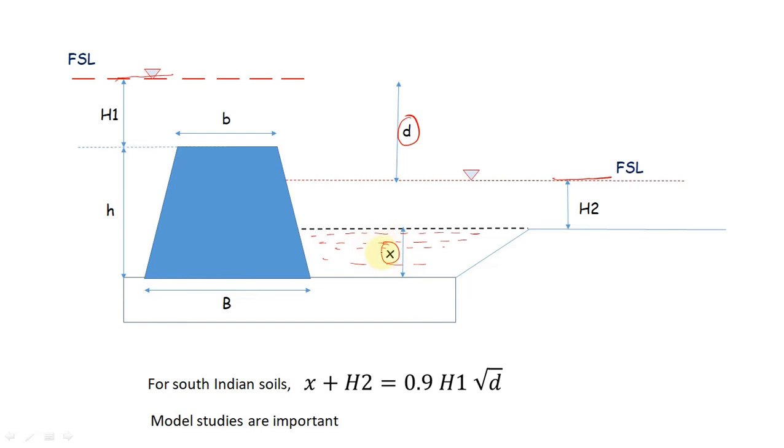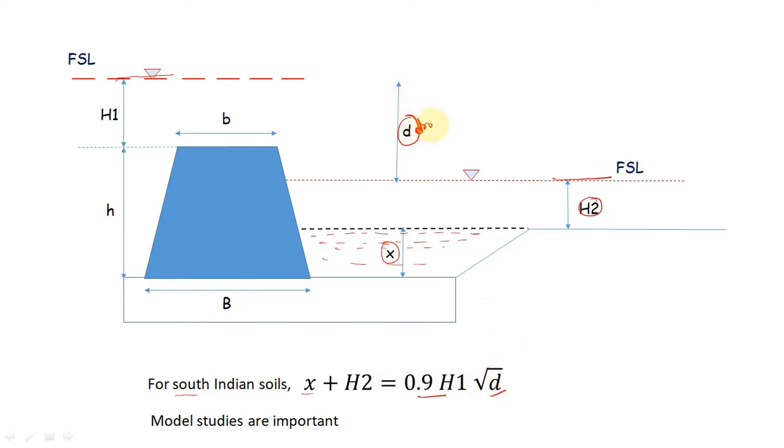So how to determine this x value? Based on experimentation for South Indian soils, one equation is given: x plus h2, where h2 is the depth of water on the downstream side, is equal to 0.9 times H1 under root D. D is the total drop.